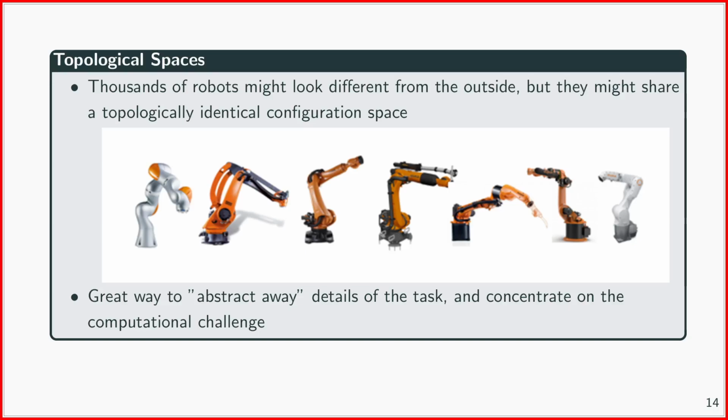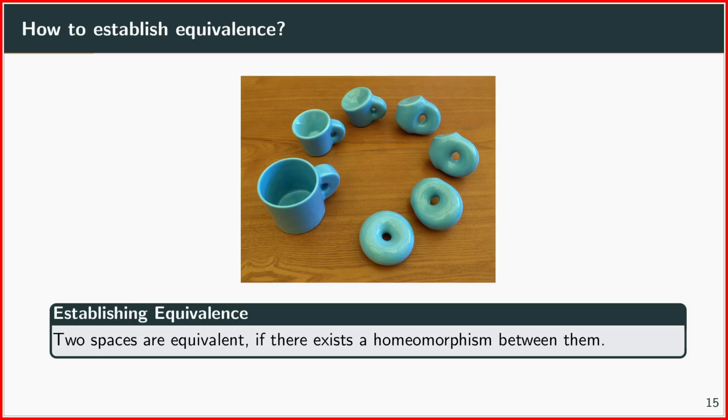But if you actually model them into the configuration space, you will see that all those spaces look practically the same. And this means that planning motions for those robots is also, basically from a computational point of view, the same. And that is really a great way to abstract away details of a task and of a robot and really concentrate on the computational challenge of making robots move from A to B.